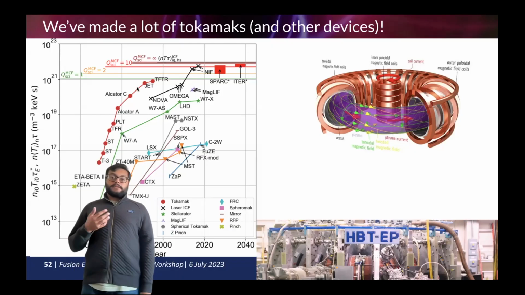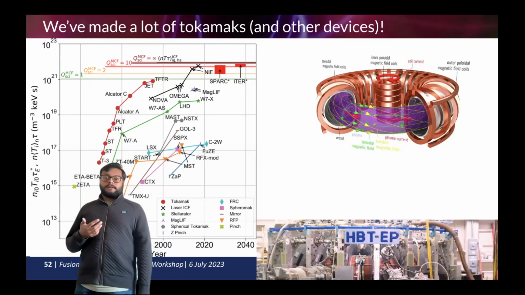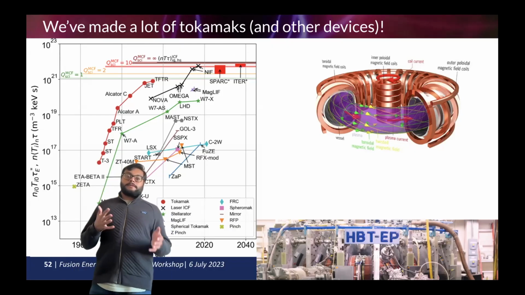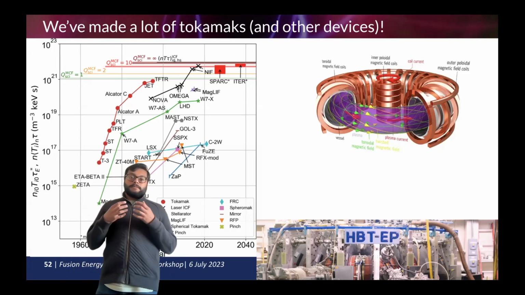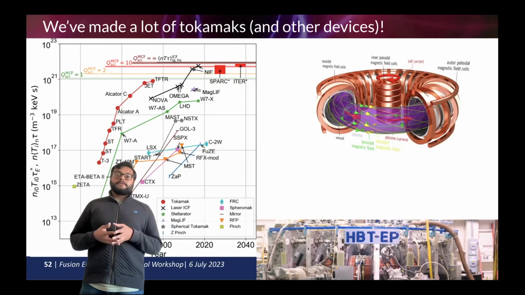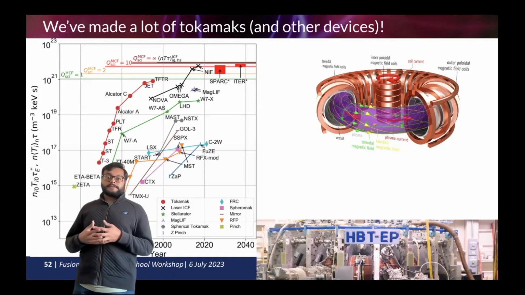There was a large production of tokamaks around the 80s, and a little before and after, which was predicted to be the best concept for a working fusion energy device.